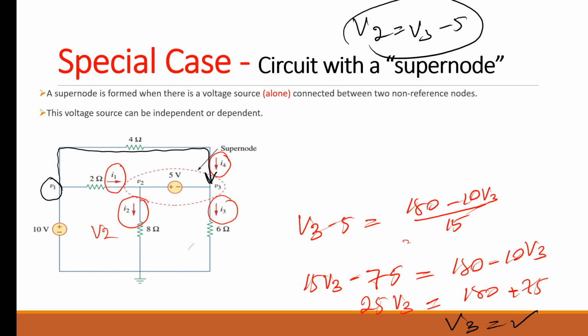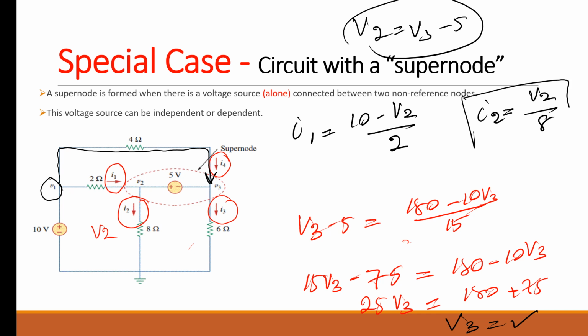After finding V2 and V3, you can find the currents. So we already know current I1 is equal to (V1 minus V2) over 2, so (10 minus V2) over 2. And current I2 is equal to V2 over 8. We already wrote this.